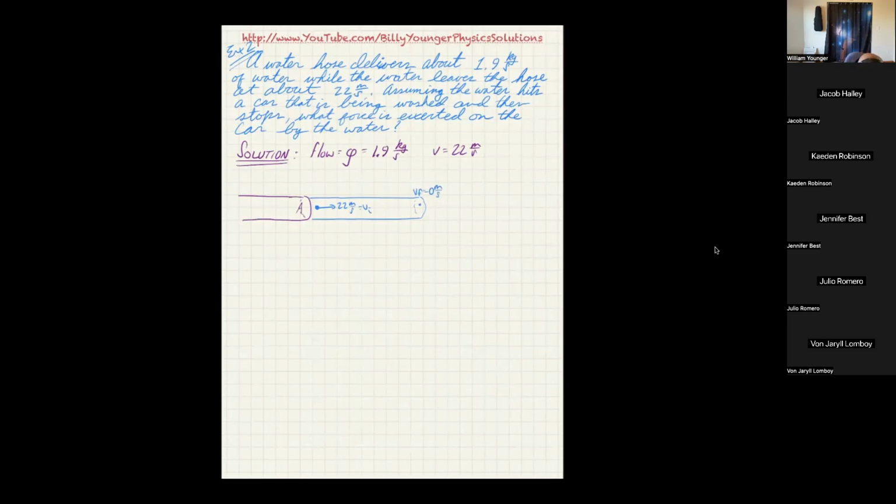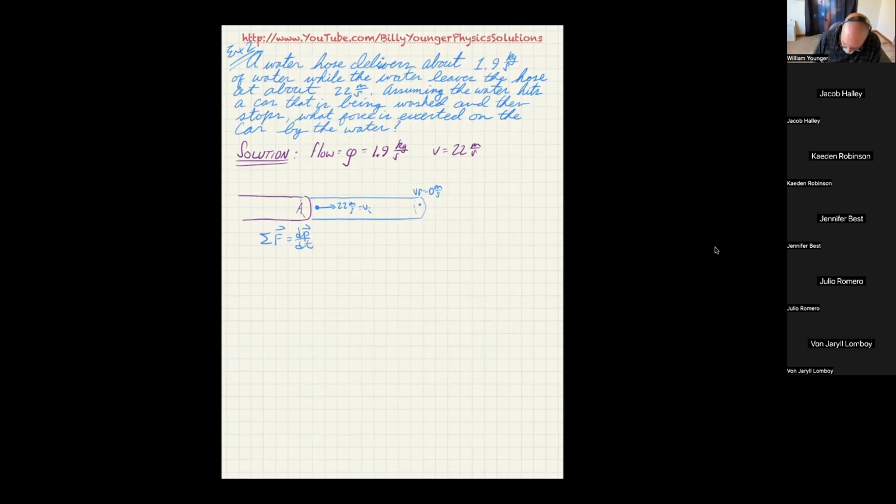Now, what we know is the summation of the forces is equal to dp dt. That's Newton's second law. I'm going to ignore the fact that some of this water may actually arc downward, and make it a two-dimensional problem. We're just looking at it as if the water hose is close to the side of the car. It's going to shoot out horizontal and then come to a stop. Therefore, it's all again one-dimensional.